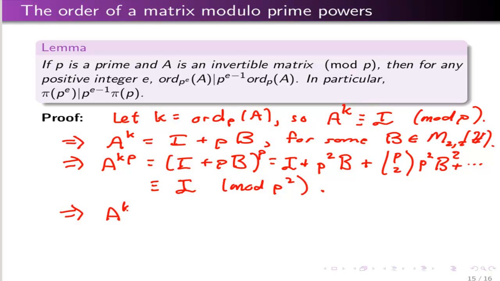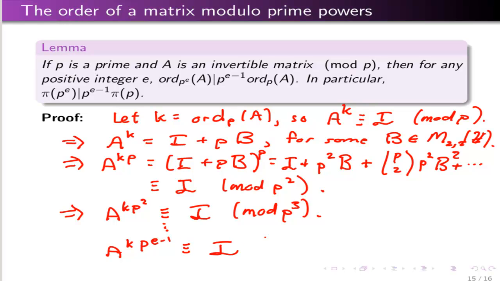Raise again both sides, and we get A to the Kp squared is congruent to I mod p cubed. And by induction, A to the K p to the e minus 1 is congruent to the identity matrix mod p to the e, and therefore the order of the matrix is a divisor of this quantity, QED. So that gives us this formula. The order of the matrix mod p to the e is a divisor of p to the e minus 1 times K, which is the order mod p.